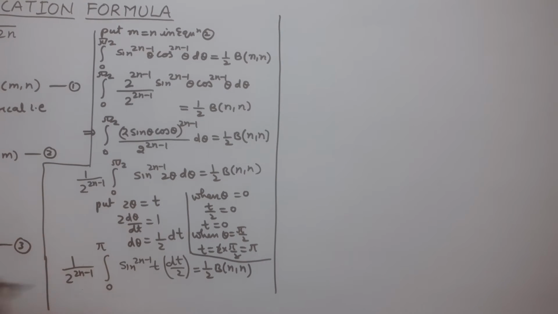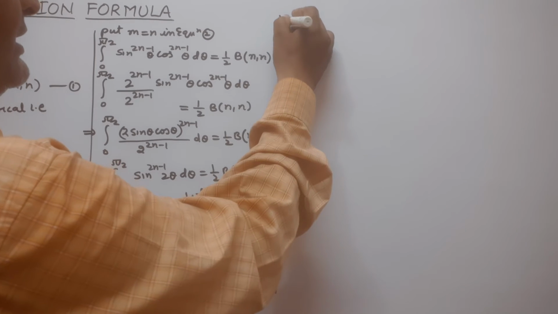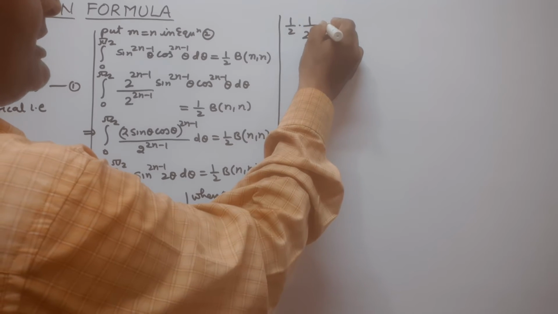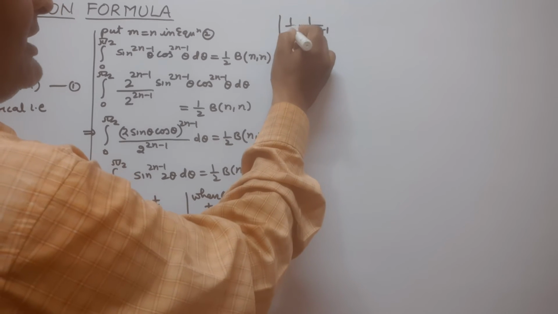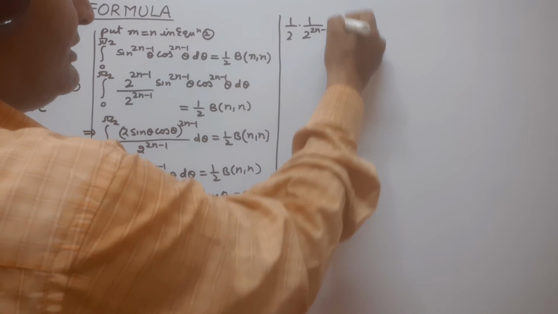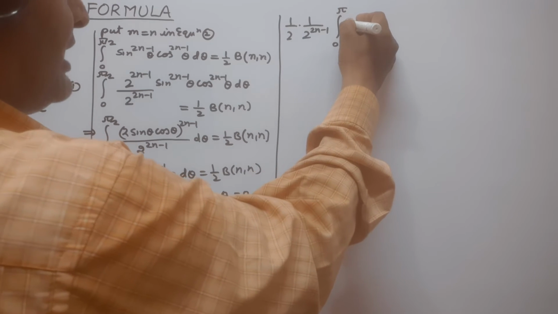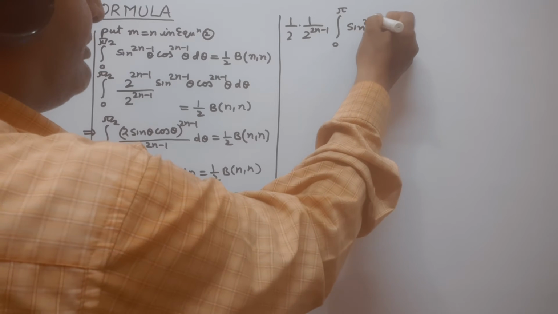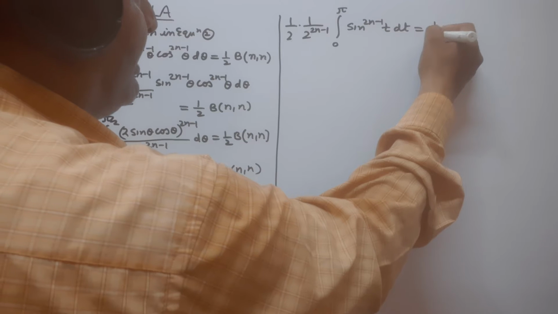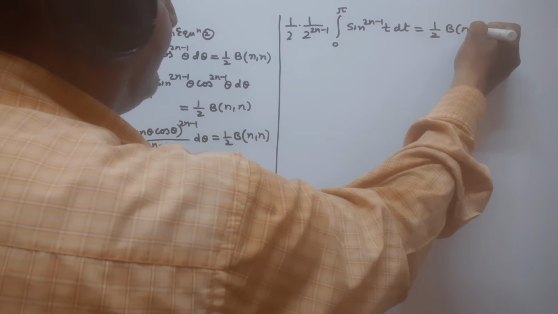In the left hand side this 1 by 2 is constant, so it will be outside the integral sign, so we write here 1 by 2 multiplied by 1 by 2 to the power 2n minus 1, and inside the integral we can see here 0 to pi sine to the power 2n minus 1 t dt is equal to 1 by 2 beta n n.